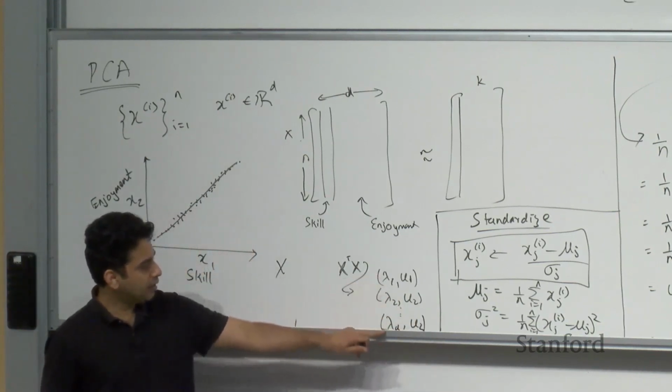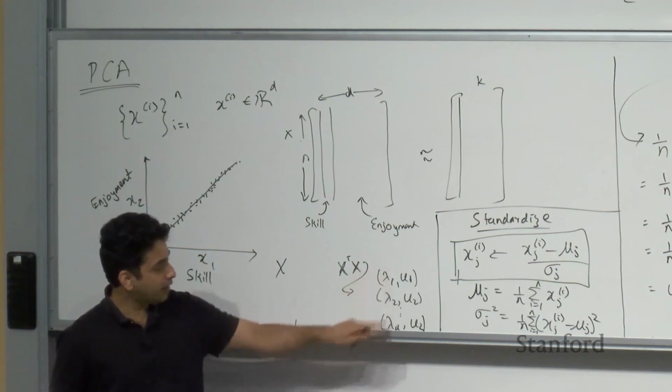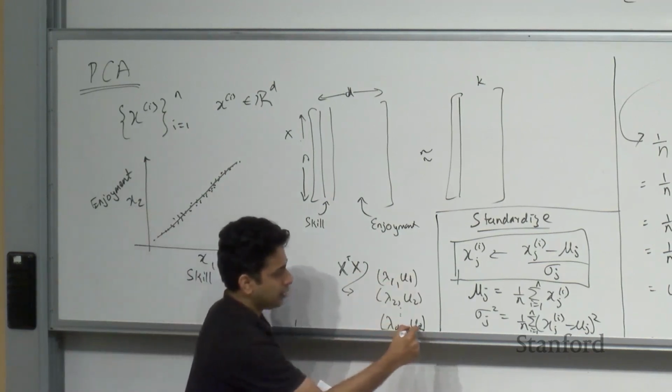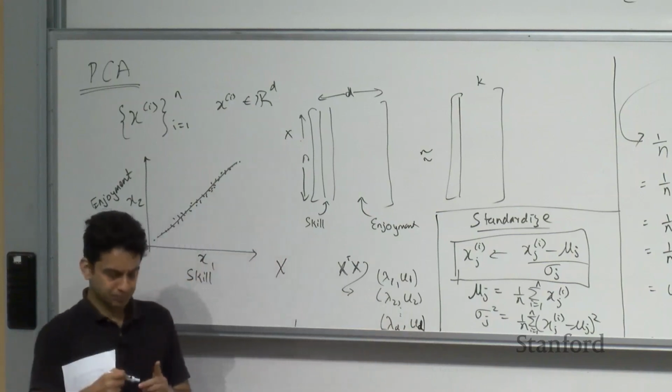These are the d eigenvalues, and the u's are the d eigenvectors.